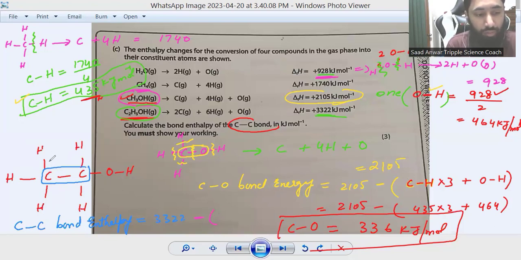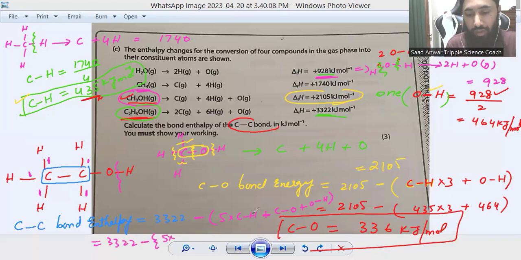How many carbon-hydrogen bonds? You say 5. Then how many carbon-oxygen bonds? 1. And the oxygen-hydrogen bond is 1 time.